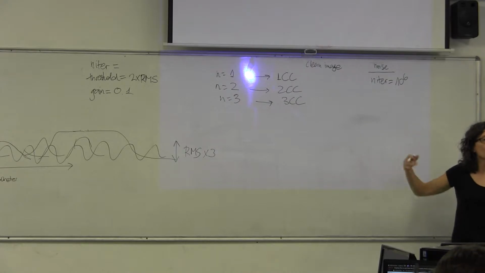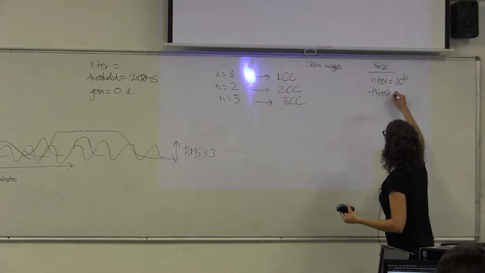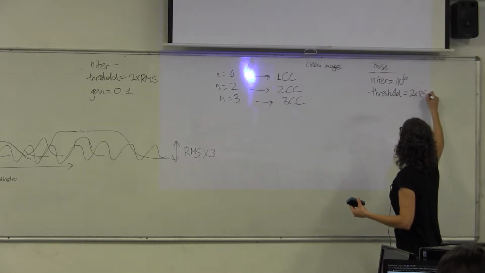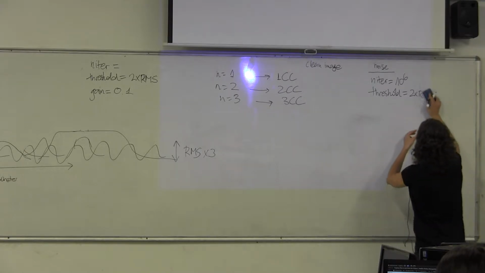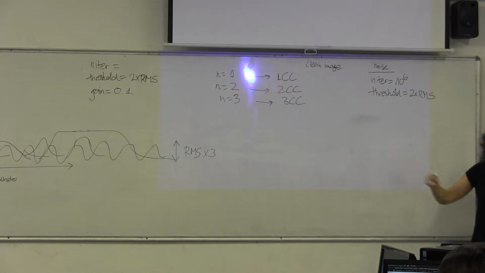I don't want to be stopped by the number of cleaning components. I want to be stopped by the threshold. I would do 2 times the RMS. Okay, so then my algorithm will keep looping until the residuals are as bright as 2 times the RMS. And then I stop.